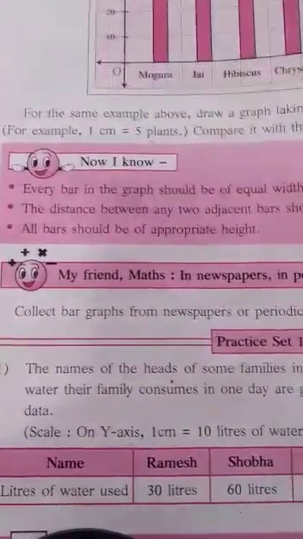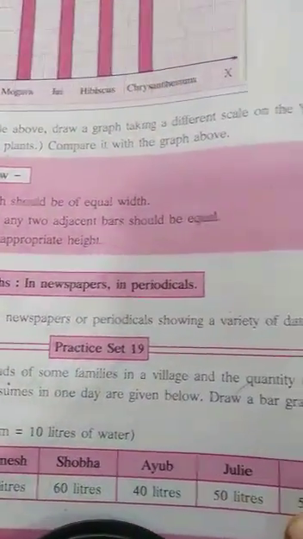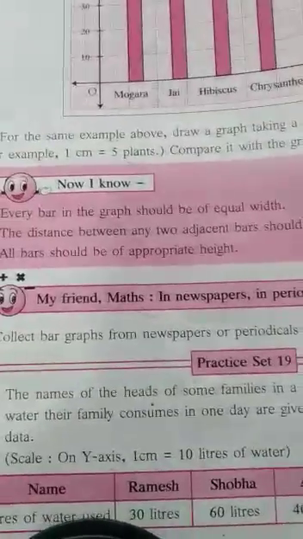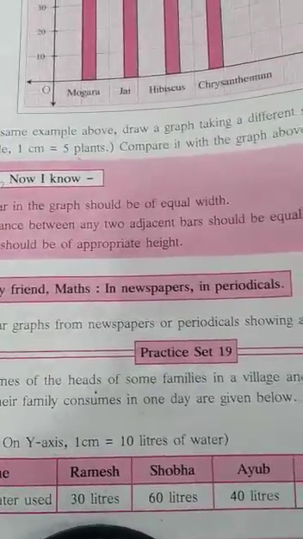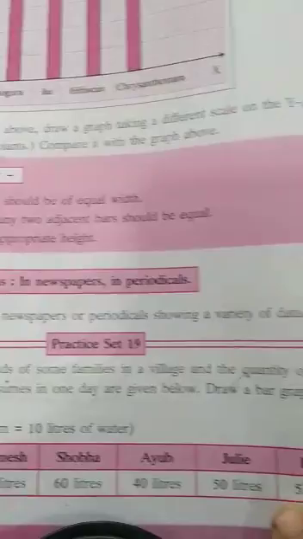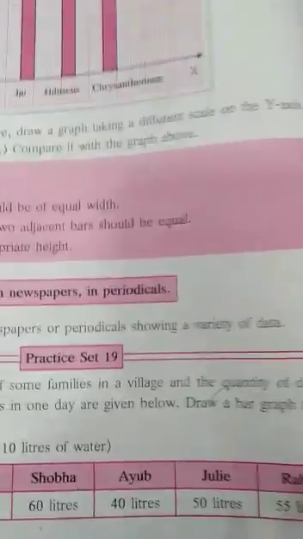Now let us go to practice set 19. The first question is: the names of heads of some families in a village and the quantity of drinking water their families consume in one day are given. Draw a bar graph for this data.